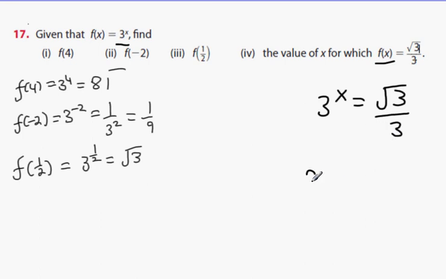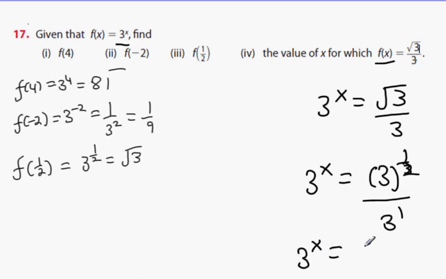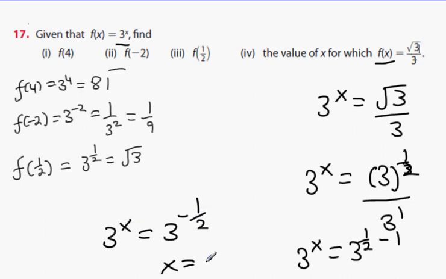Now what's root 3 again? Okay, what's 3? And what's the answer to the right hand side? 3 to the power of a half. Is it plus or minus the 1? Minus 1. 3 to the power of x equals 3 to the power of minus a half. X equals minus a half. Okay.